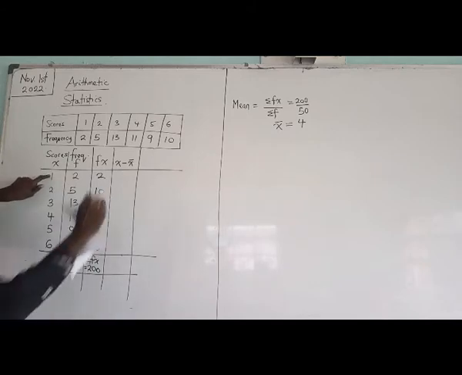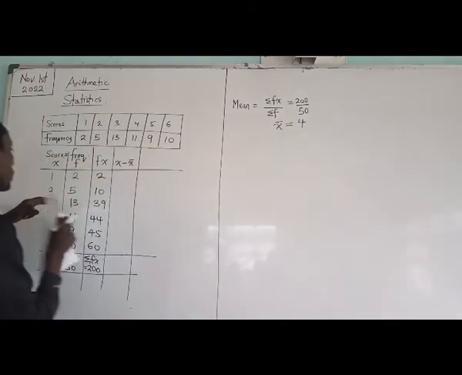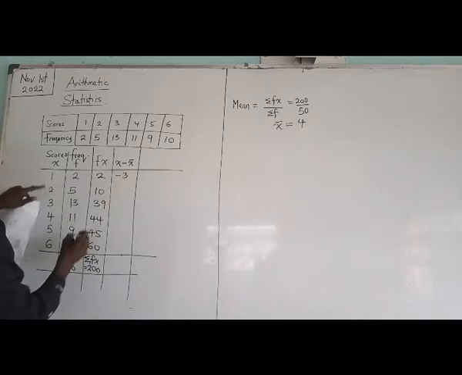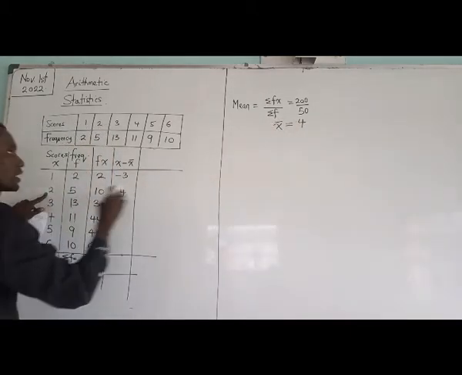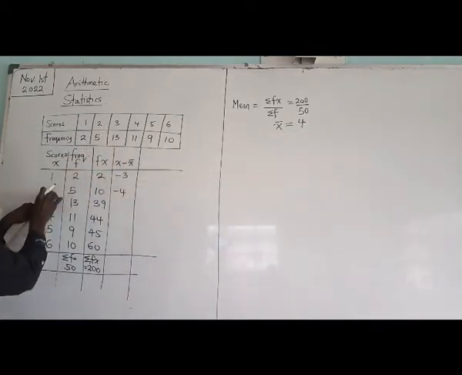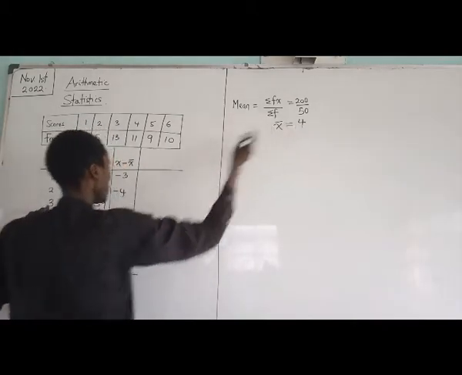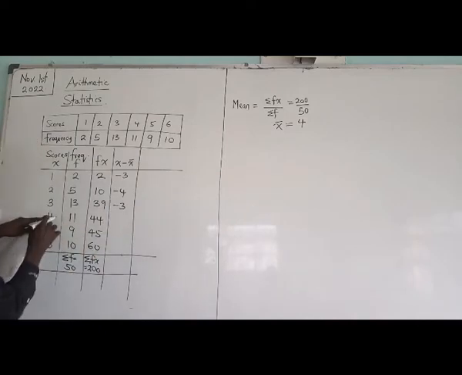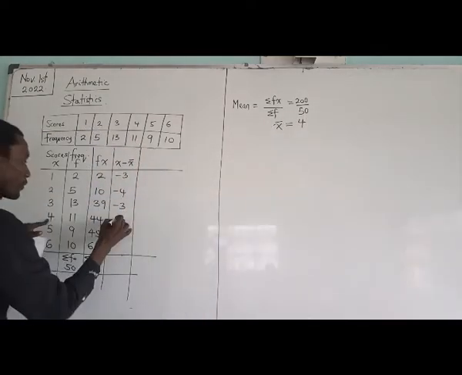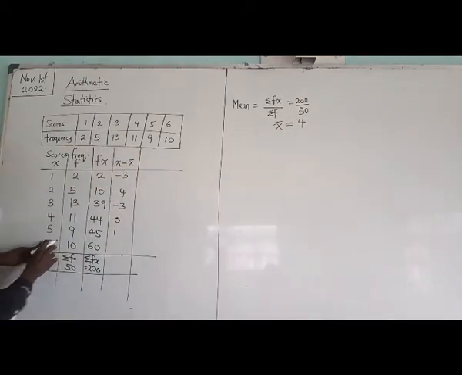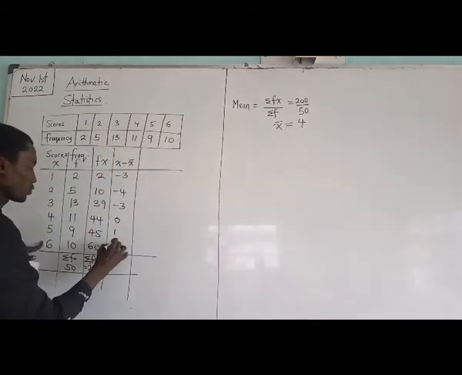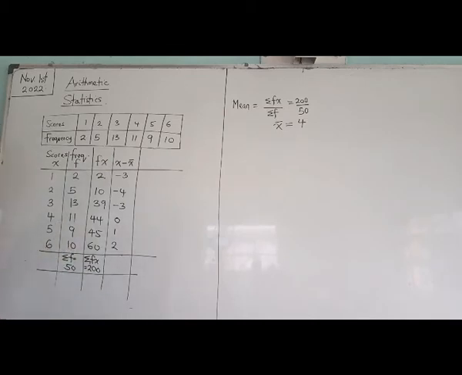So 1 minus the mean 4 will give me negative 3. 2 minus the mean will give me negative 4 because the mean is greater than this number. 3 minus the mean will give me negative 3. 4 minus the mean will give me 0. 5 minus the mean will give me 1. And 6 minus the mean will give me what? 2. Is that okay? Now, if I add all of this, I'm going to get a negative value.